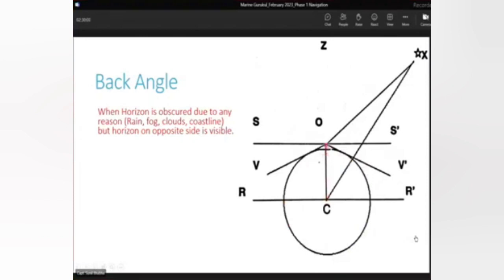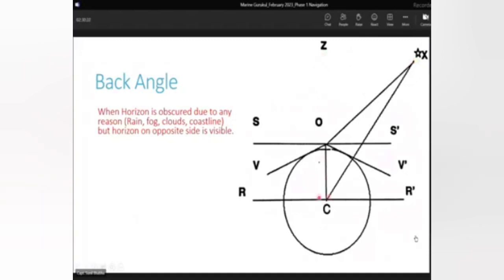We have the observer at point O. Observer has got some height of eye also. You can see he is above the surface of the earth. C represents the center of the earth. And the celestial body which we are trying to observe is this particular star named as X. Z represents the zenith of the observer.